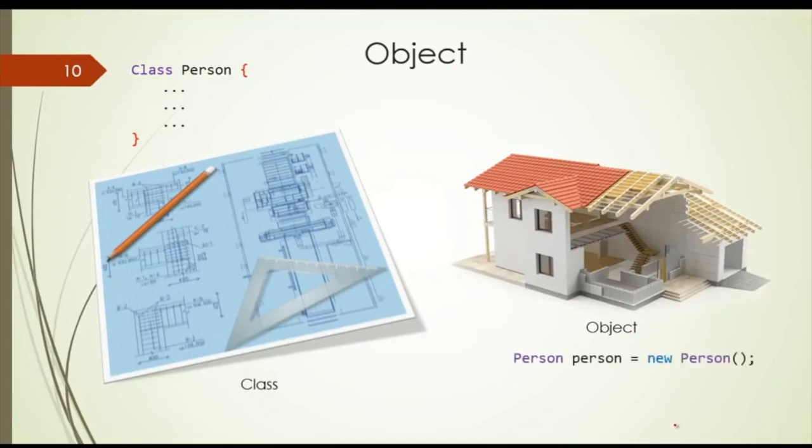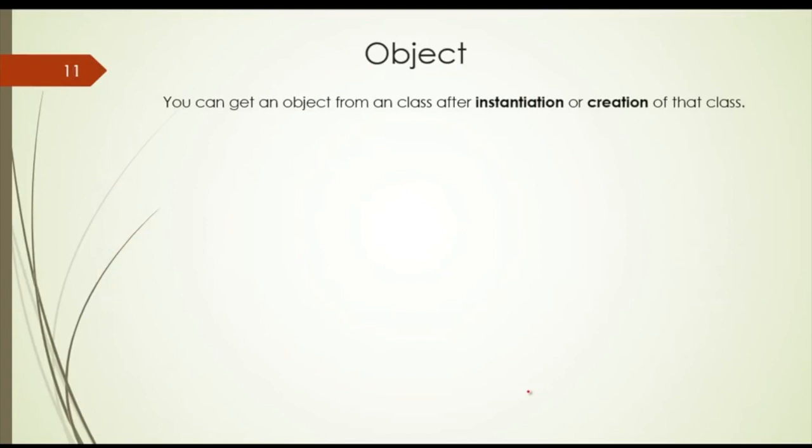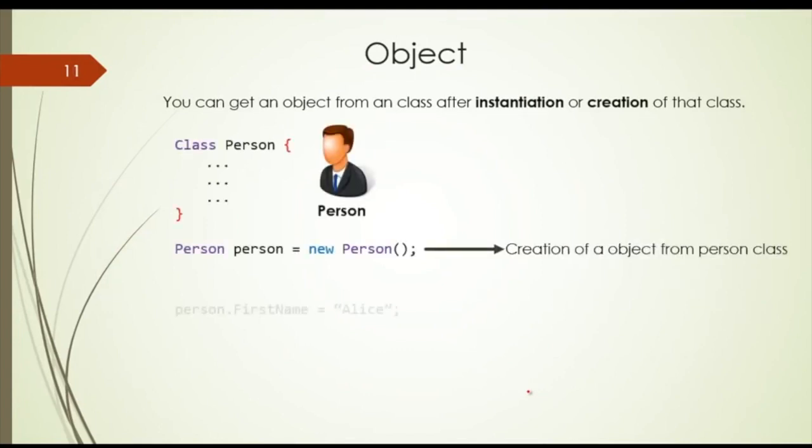So for the person class we have here, when we write person equals new Person, the new creates the person class and instantiates the person object into this lowercase person. So this is the object and this is the class. That's it. And this is the data type that we are picking up. So you have seen the object. This is the object creation.